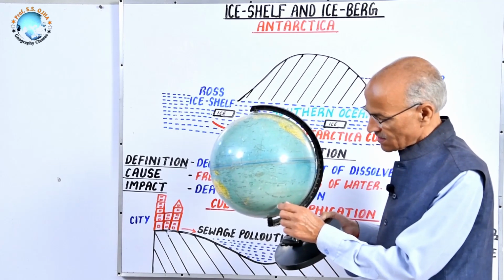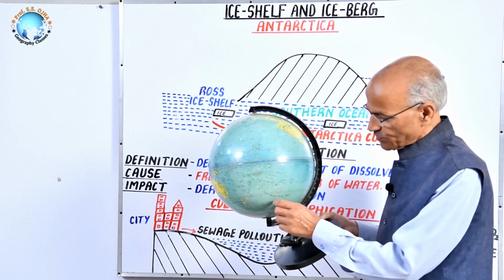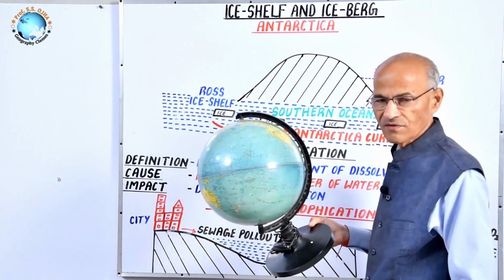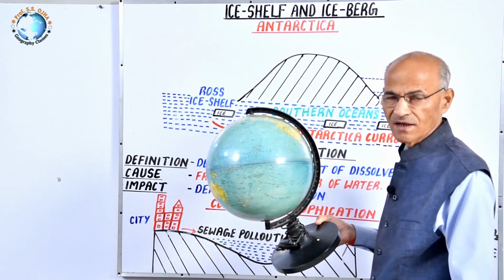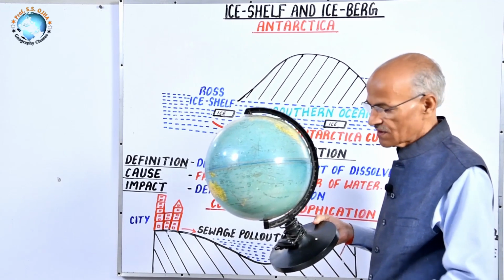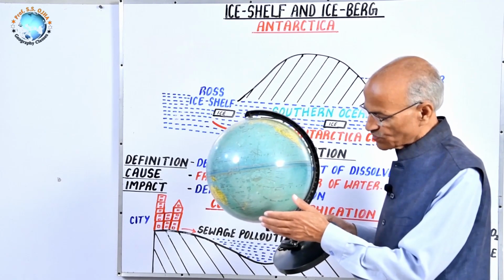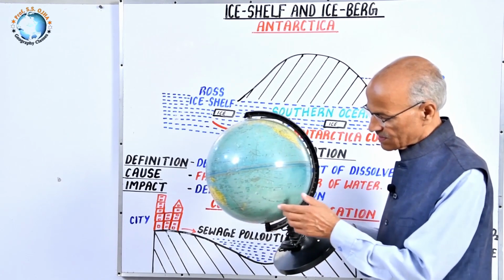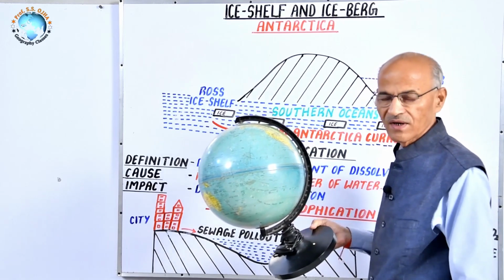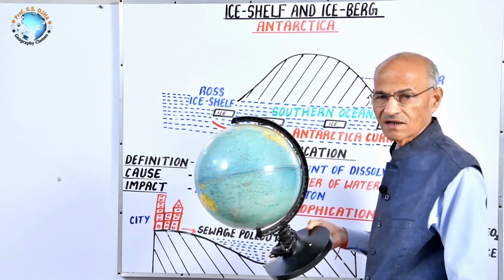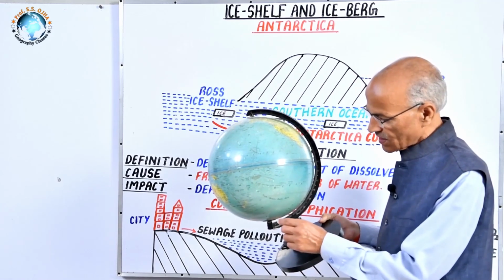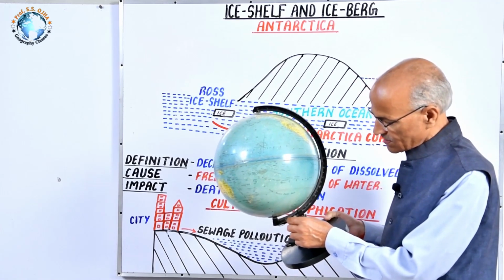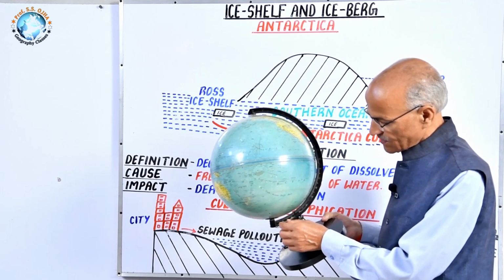And this cyclone on its orbit moves from west to east due to surface friction. Although here there is no land continent, even then the water body gets motion from west to east. Thus, this is the impact of the circum-Antarctica polar current, which causes motion of the icebergs which are released from the Antarctica continent.